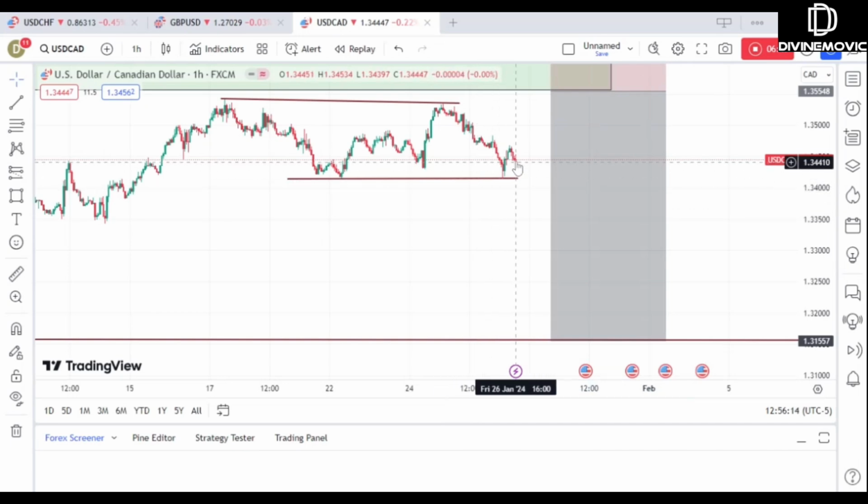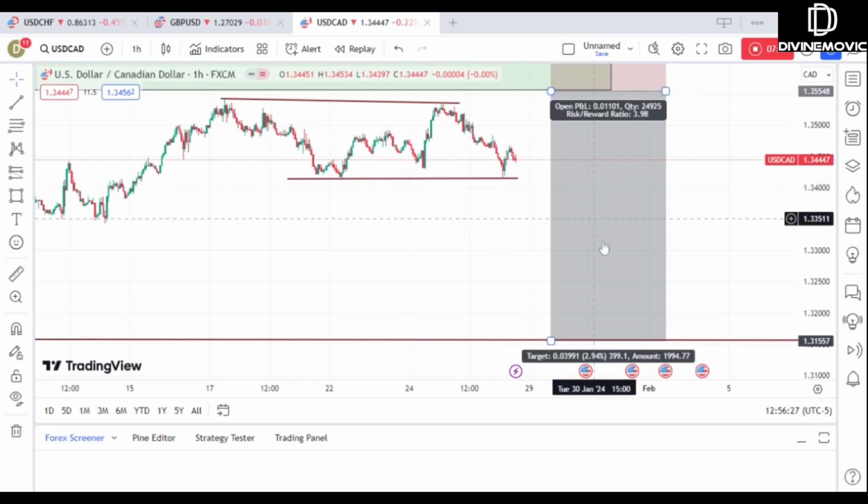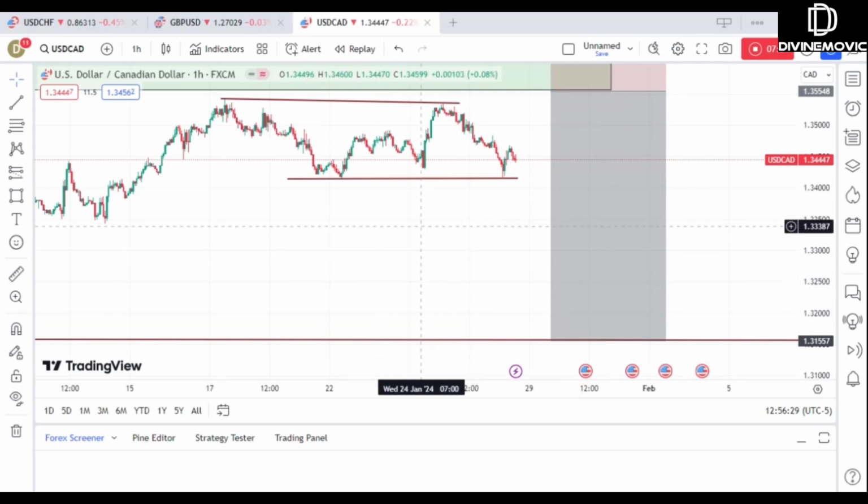Or price is going to sell from this level and take out these equal lows here, and then buy to this level here and still drop to the downside. Whichever way, I'm very confident that price is going to be a sell here.